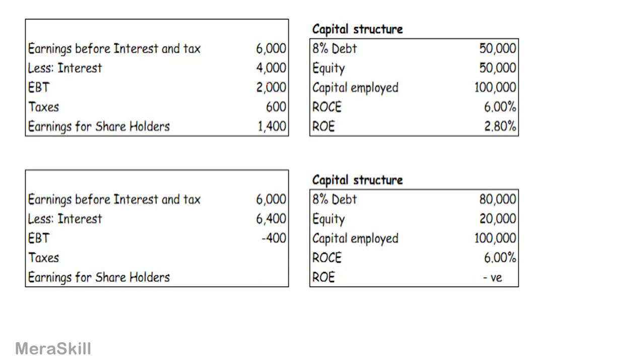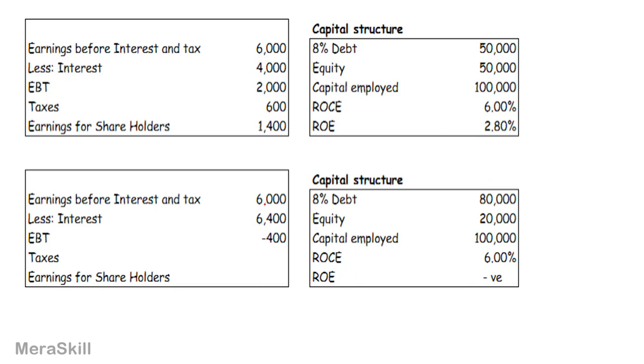Taxes you pay, assuming 30%, 600. You get earnings of 1,400. We are talking of equal debt and equity. So 6% is the return. The return to equity shareholders is only 2.80%.